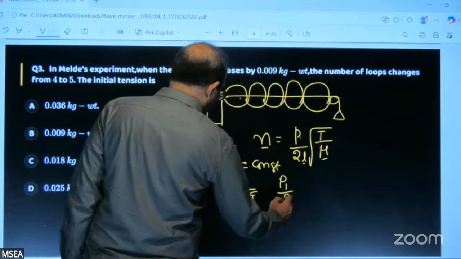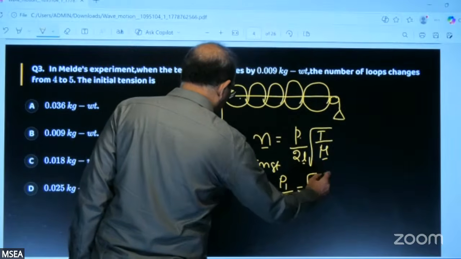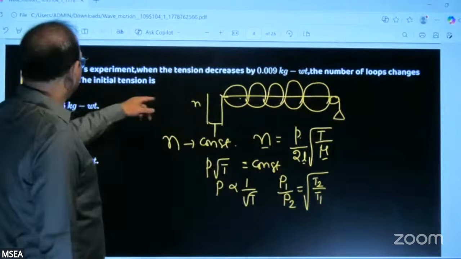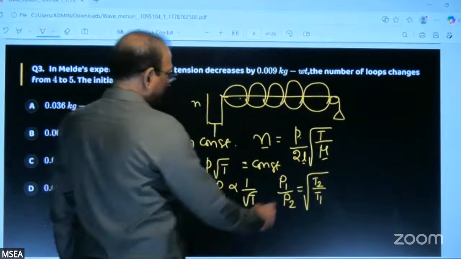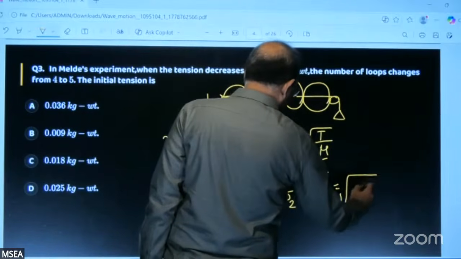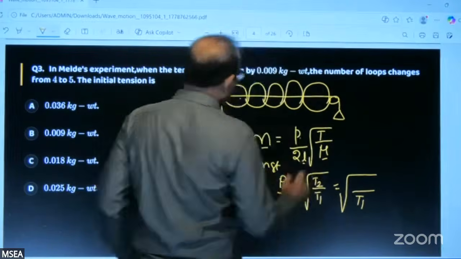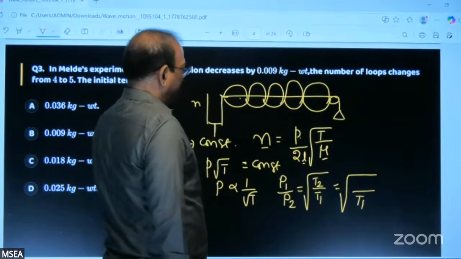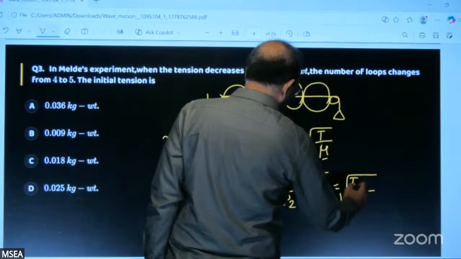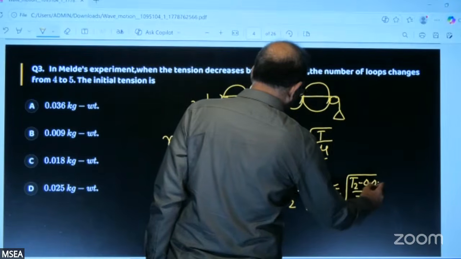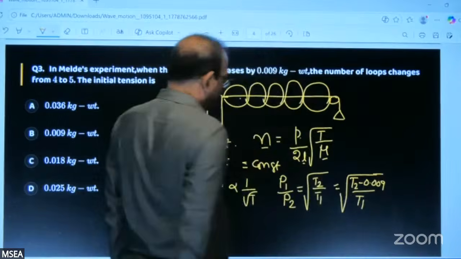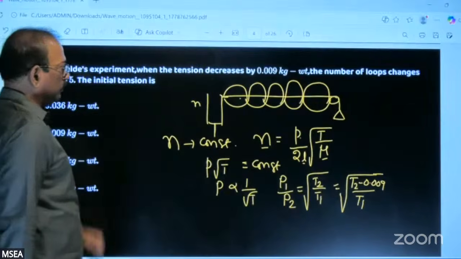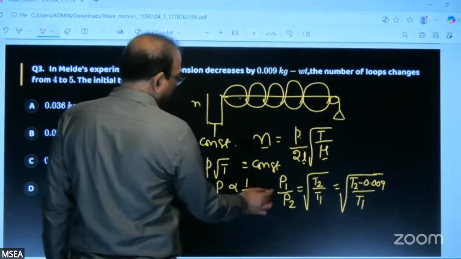So P1 by P2 is under root T2 by T1. He's asking to find the initial tension. The initial tension is T1, and the new tension is decreased by 0.009 kg weight, so the new tension is T1 minus 0.009. P1 is 4 loops, P2 is 5 loops, so 4 by 5.